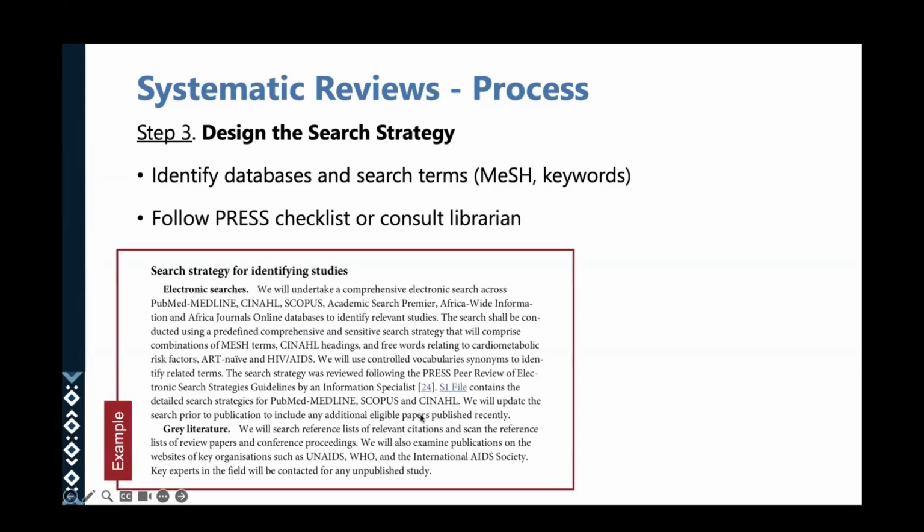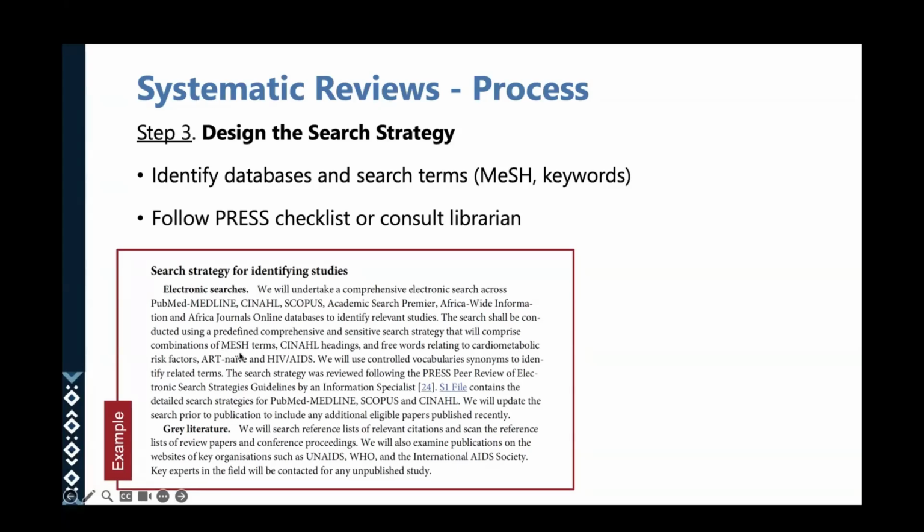So in our review, this is how we laid out our strategy for search and for identifying studies. We consulted both electronic databases, and we also looked at some gray literature. For electronic databases, we looked at PubMed, CINAHL, Scopus, Academic Search Premier, Africa-Wide Information, and African Journals Online.